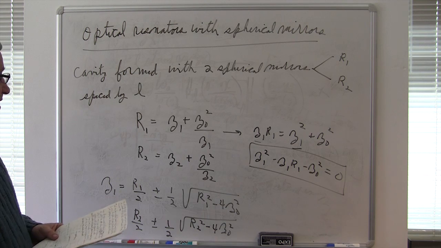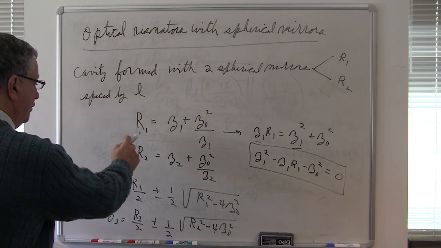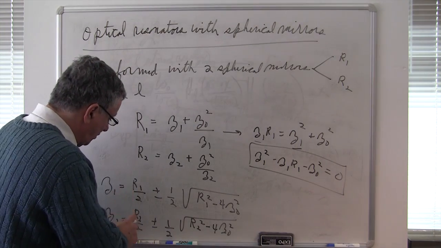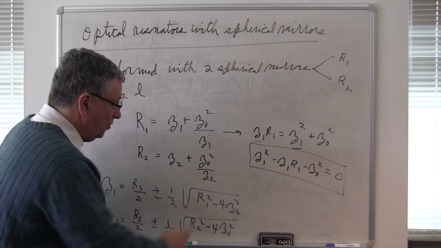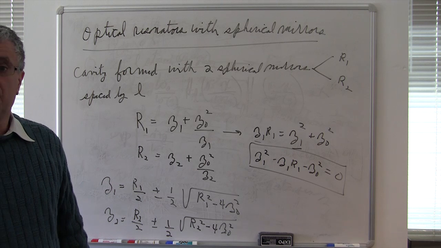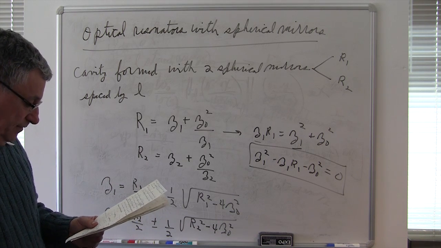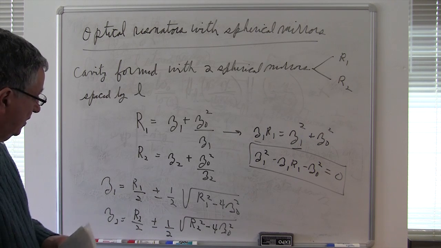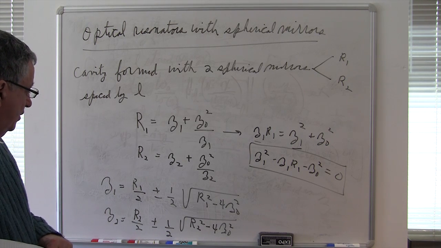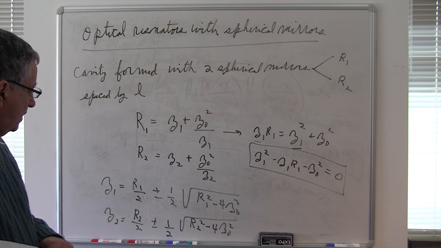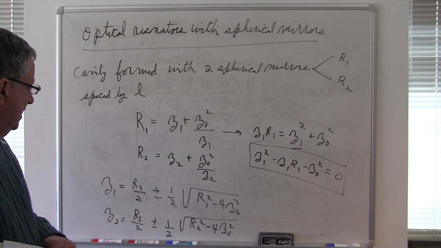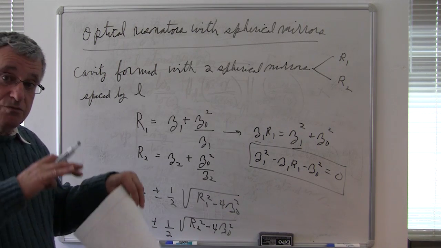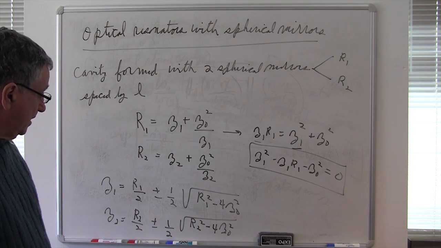Okay? So these are the solutions of the quadratic equation. It means that if you know R1 and R2 and you know Z0, or equivalently if you know W0, because Z0 and W0 are simply related, then you can find the positions Z1 and Z2 where you need to place the mirrors in order to perfectly match the Gaussian beam.